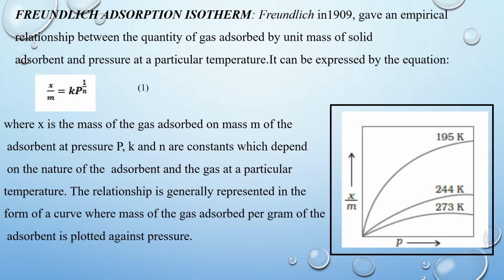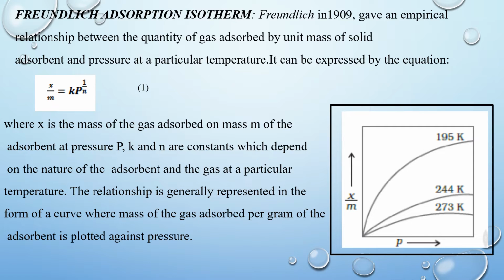Now let us move on to an important type of adsorption isotherm. The first one is the Freundlich isotherm. In 1909, Freundlich gave an empirical relationship between the quantity of gas adsorbed by unit mass of a solid adsorbent and the pressure at a particular temperature.